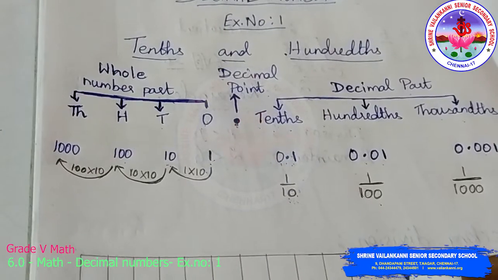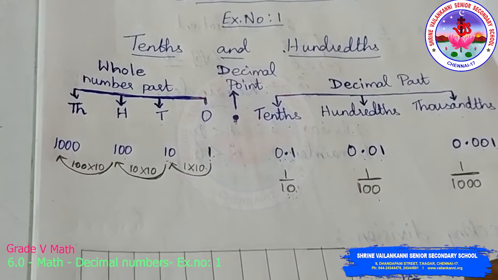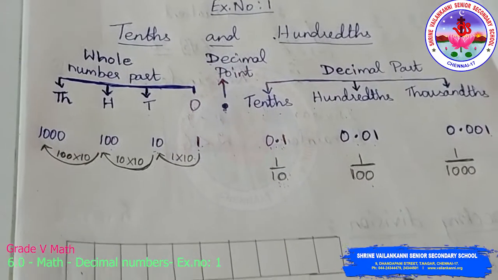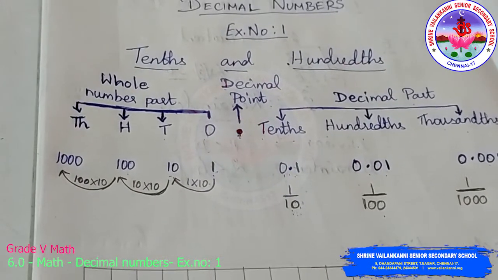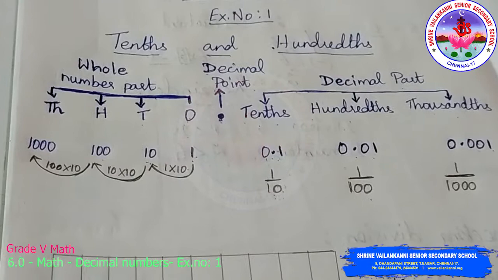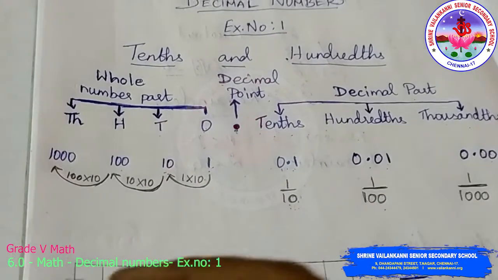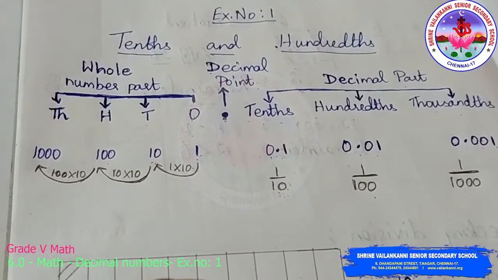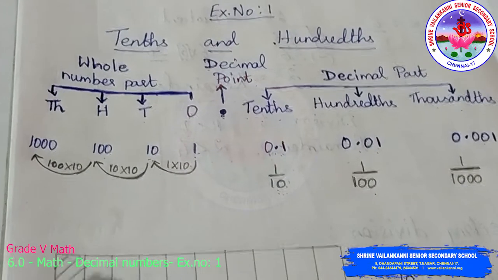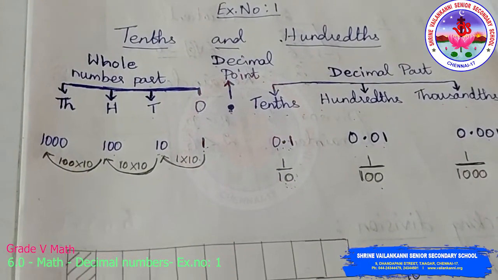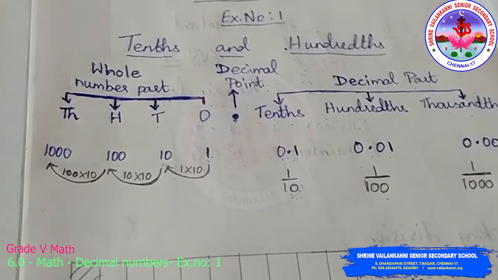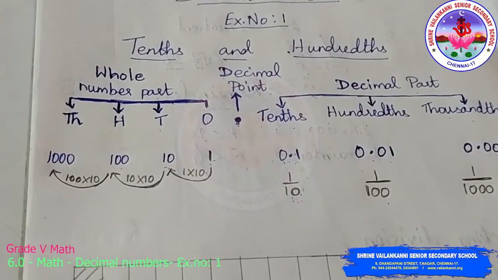So how many parts does this one whole have? 10. So the number of parts is the denominator. If I consider one part of this one whole, this one part alone I am considering and I have shaded. How will you denote this one part alone?